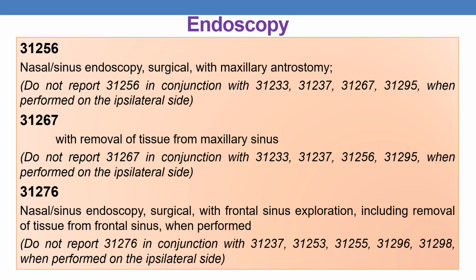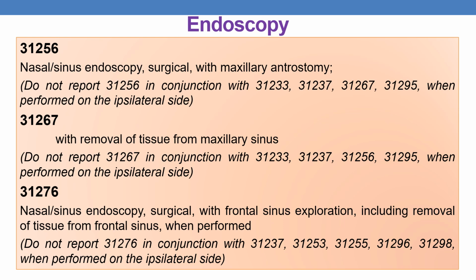The next is 31256. It deals with nasal or sinus endoscopy, surgical with maxillary antrostomy. And do not report 31256 in conjunction with 31233, 31237, 31267, 31295 when performed on the ipsilateral side. The next is 31267.